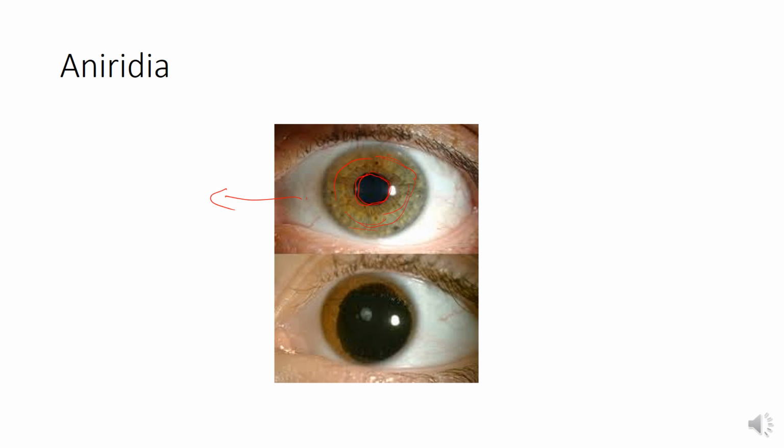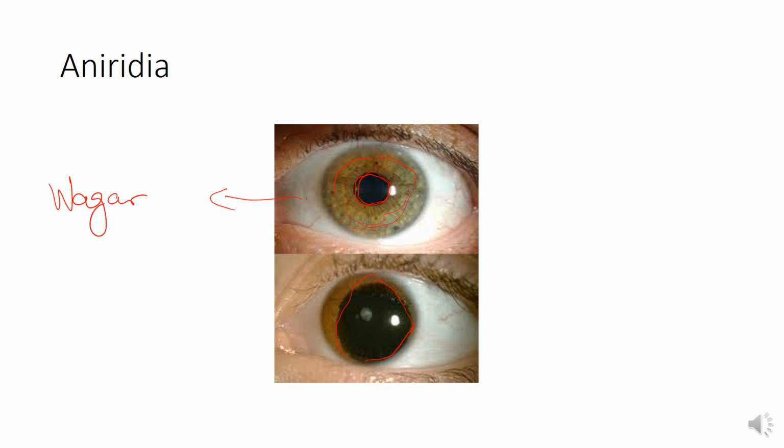Now here you can see the iris is absent and the pupil is very large. So aniridia may be an isolated anomaly or may occur as a part of WAGR syndrome, which consists of Wilms tumor of kidney, aniridia, genitourinary anomalies, and mental retardation.